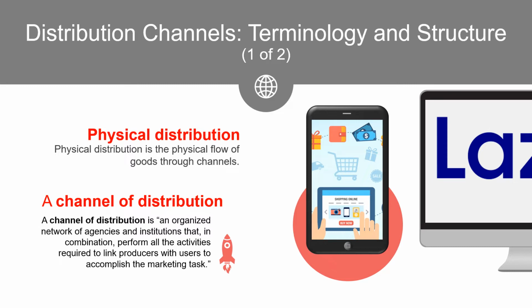Although channels for consumer products and industrial products are similar, there are also some distinctions or differences. In business to consumer marketing, or B2C, consumer channels are designed to put products in the hands of people for their own use.